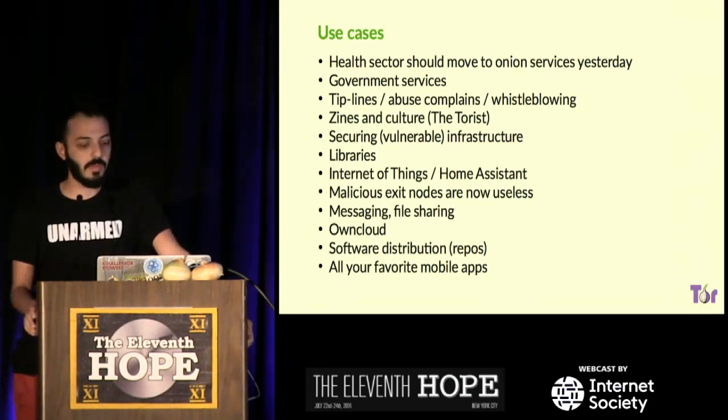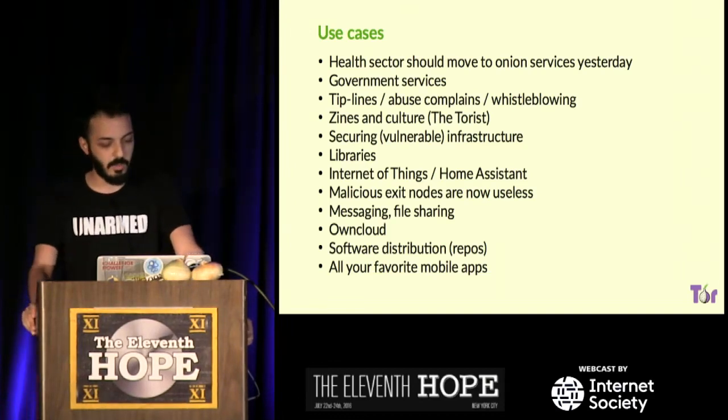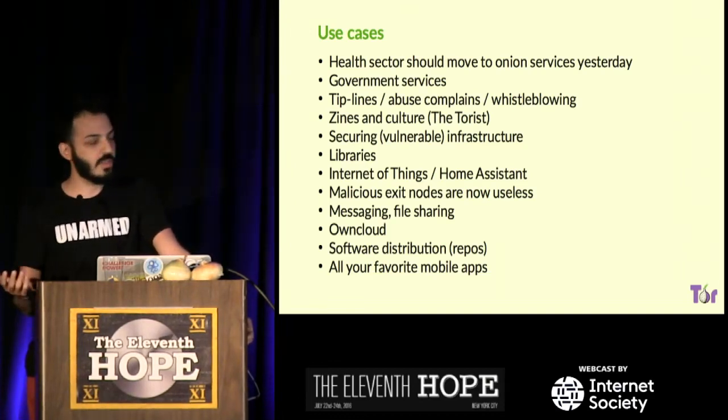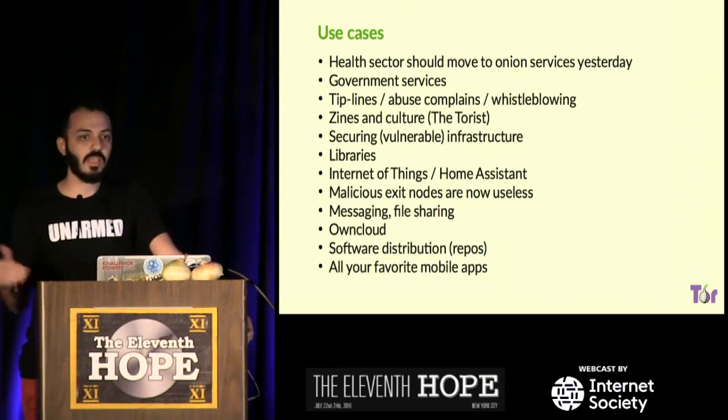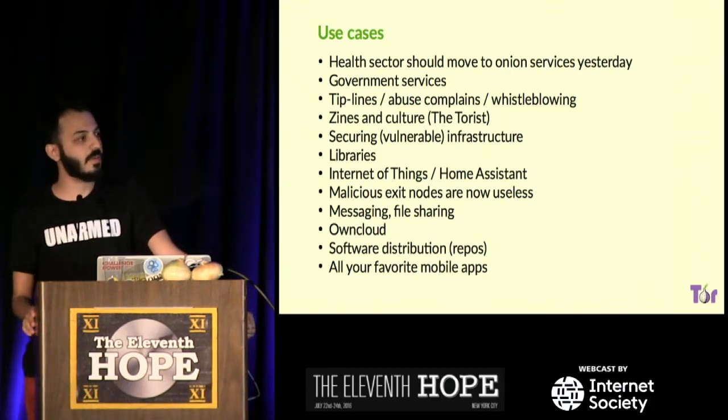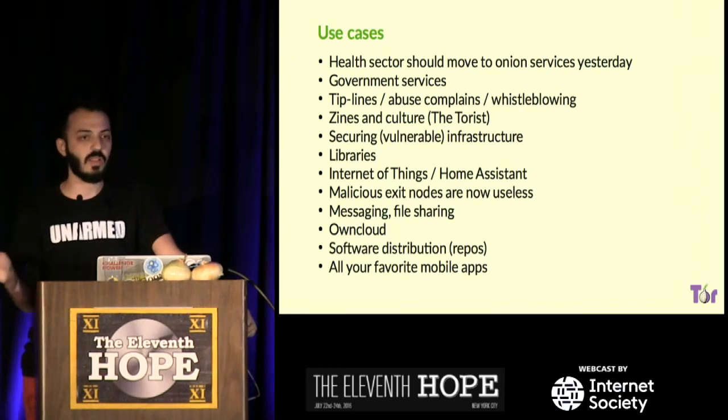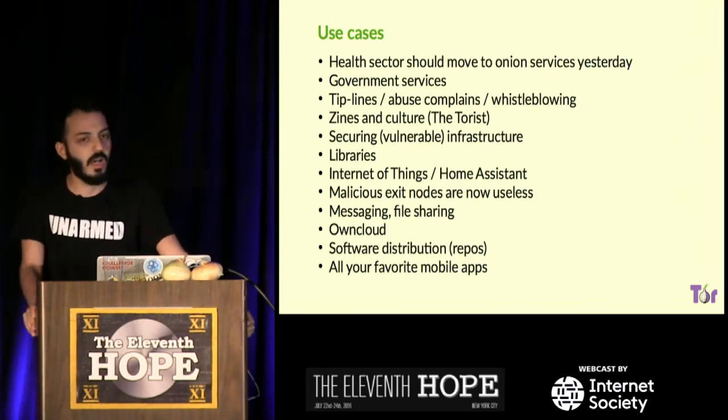Tip lines, abuse complaints, whistleblowing platforms. You all know about SecureDrop and GlobaLeaks. There is a magazine that is only available over Onion, called Tourist. And some artists also dropped their whole album on Onion addresses, so if you wanted to download the album, you had to go to the Onion address.